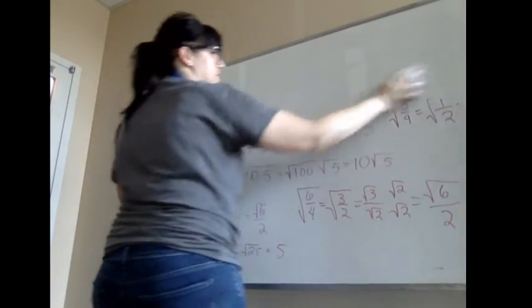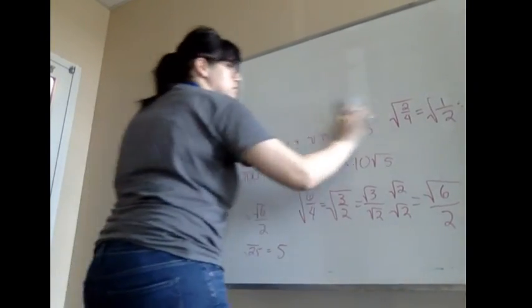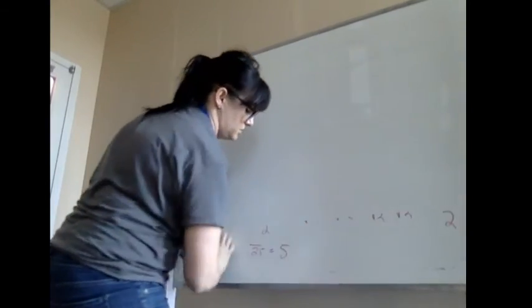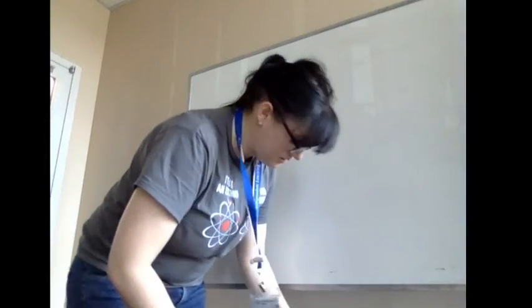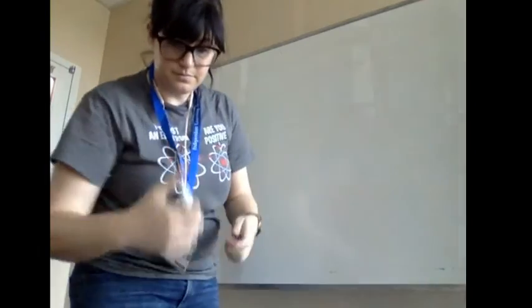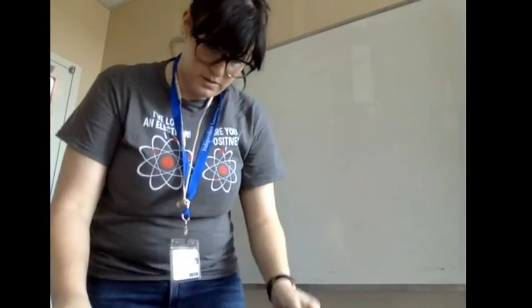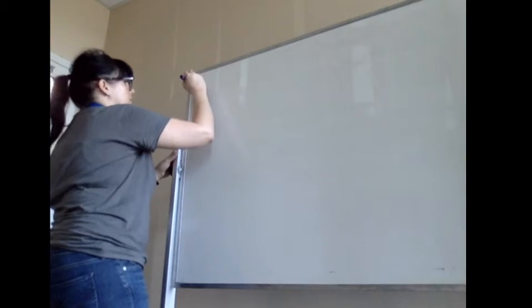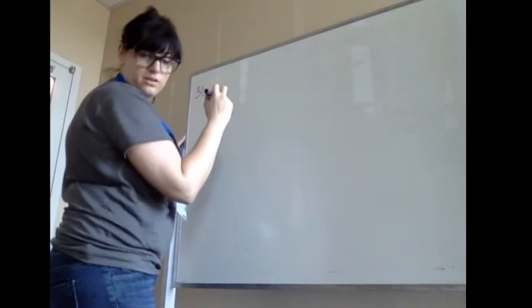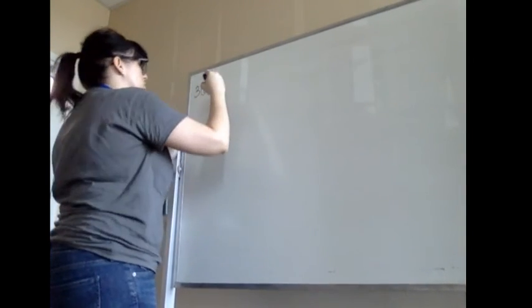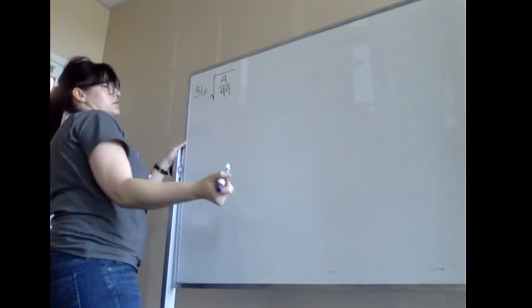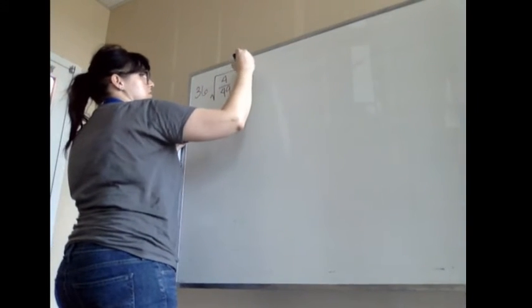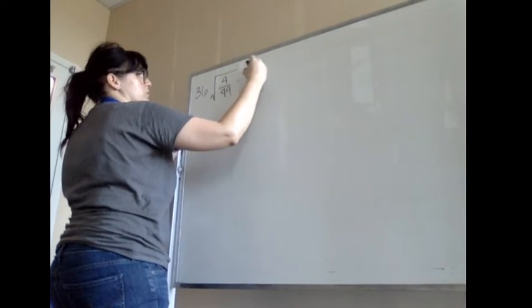So I'm going to show you. Okay. So like number 36 says to simplify the expression, and it's the square root of 4 over 49, which is the same thing as the square root of 4 over the square root of 49.